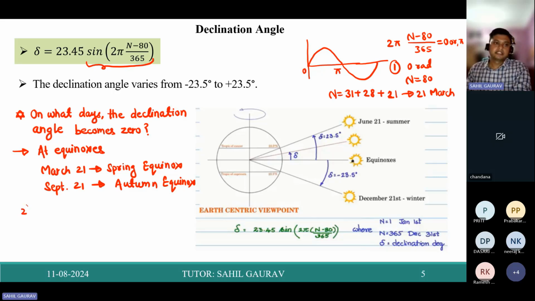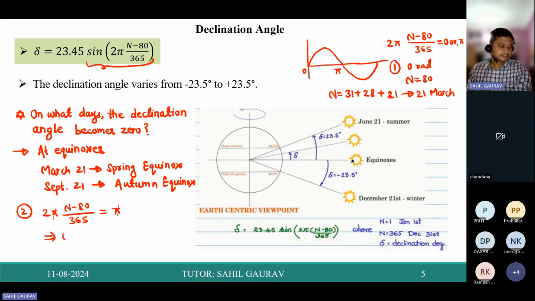And now for the second case, we have to make it pi. So 2 pi (n minus 80) upon 365 equals pi. So pi gets cancelled out.